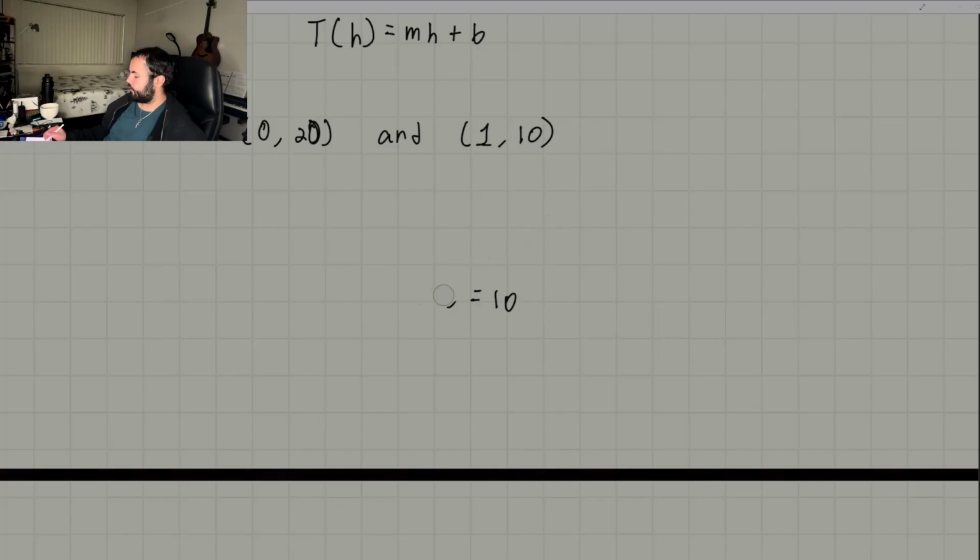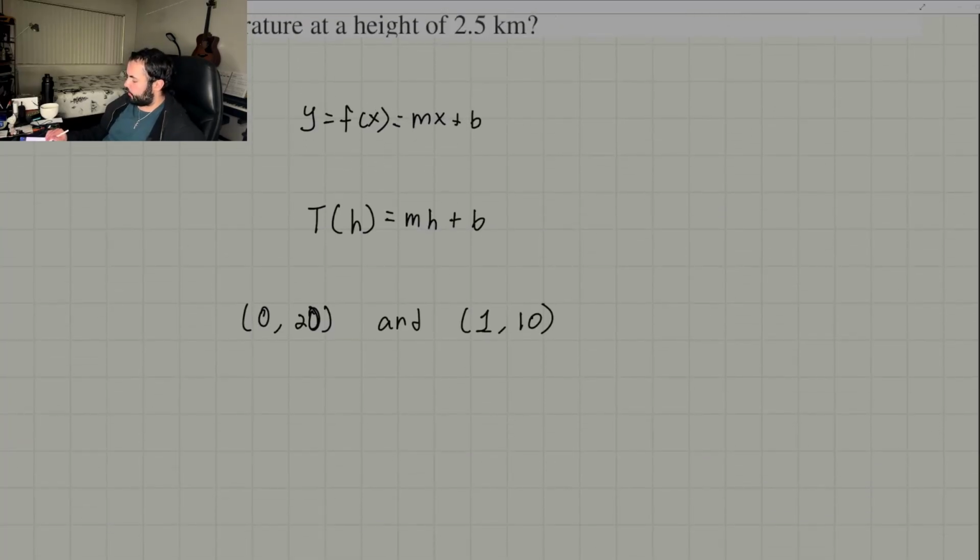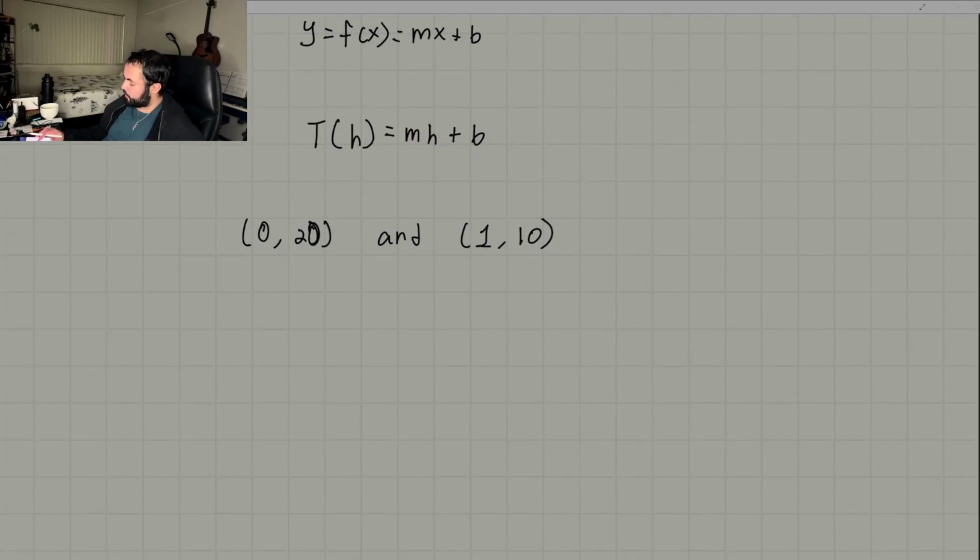If we use our other data point, (0, 20), notice how our m term, our slope term, is going to be equal to 0. And that eliminates our unknown parameter. It eliminates it, and it gives us a known value, which is going to be equal to b, which we don't know yet.